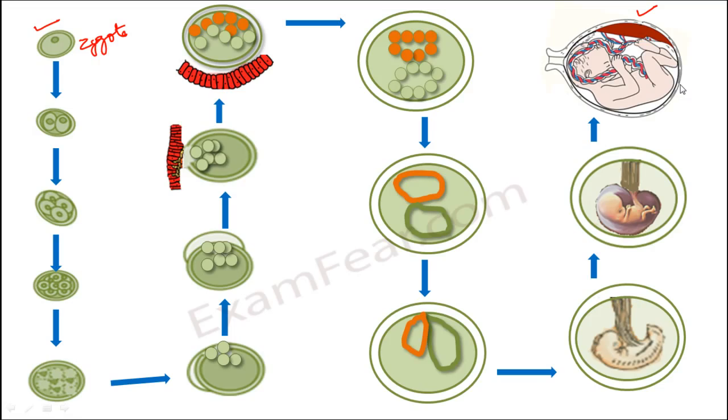One is the cell division by mitosis. So the number of cells kept on increasing. Next was the cell differentiation. That is, groups of cells differentiated to form specific tissues. And the third thing was the tissues forming organs and the organs forming the organ systems. So these things together actually led to the development of the zygote into a baby.